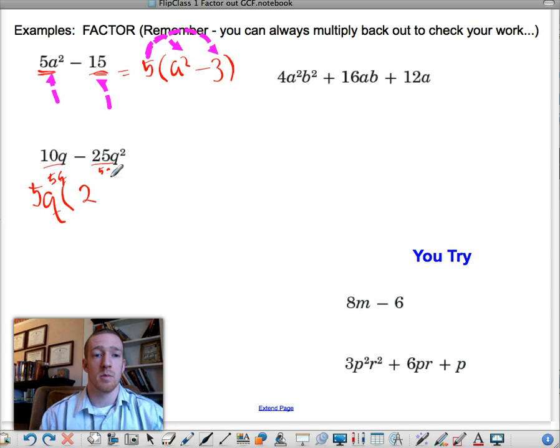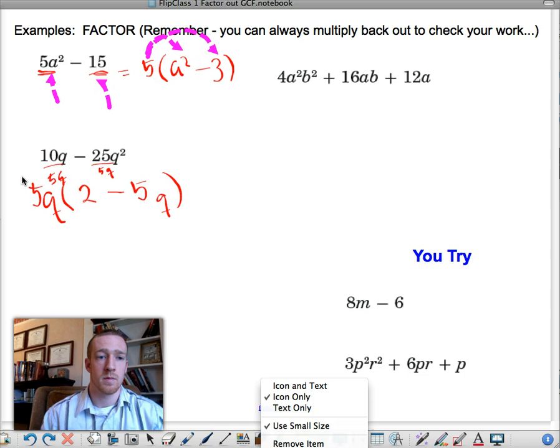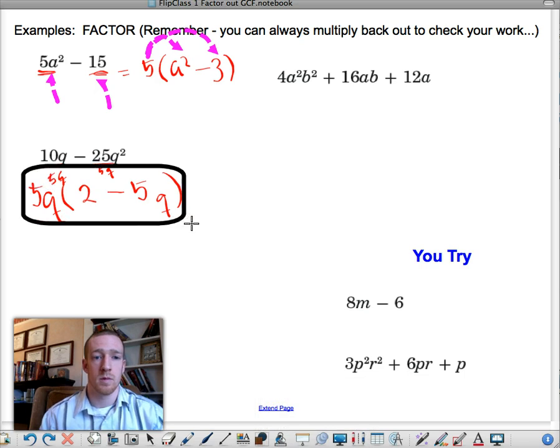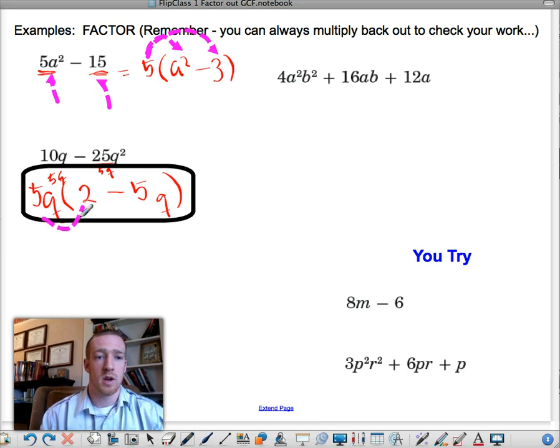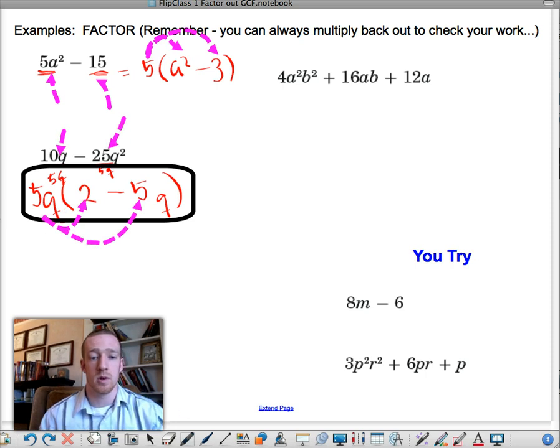I'm dividing or unmultiplying my 5q out of that, leaves me with a negative 5q. So that's my final answer right here. This is what I want. Alright, and I just do my quick mental check. 5q times 2 is 10q. 5q times negative 5q is negative 25q squared.